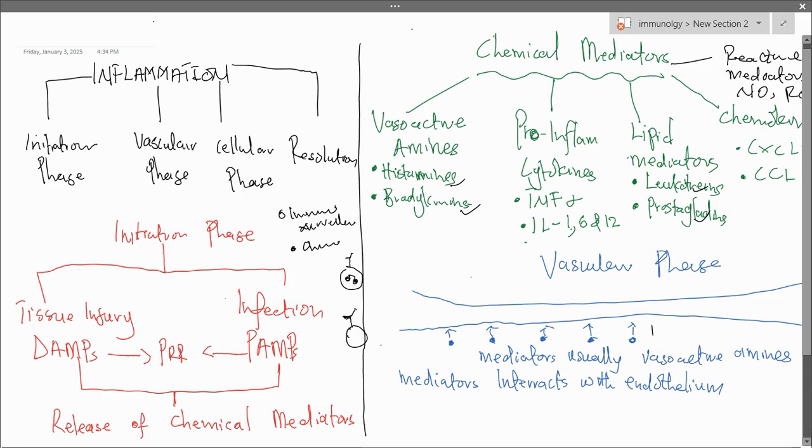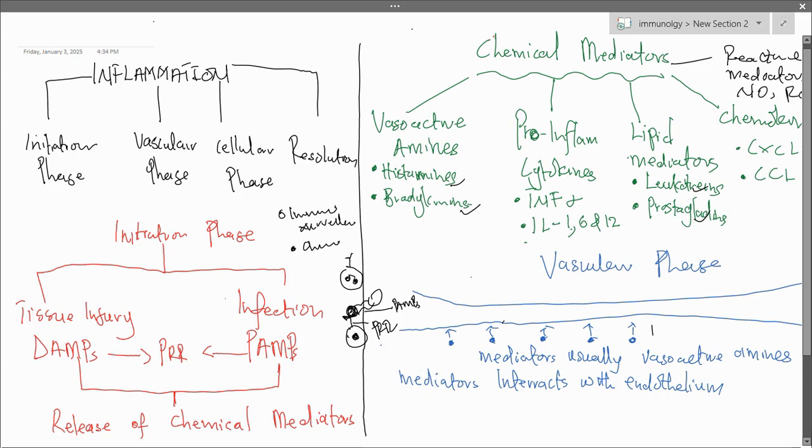So let's consider this to be, let's say, the flagella of a bacteria. When this PRR binds to this PAMP, it triggers a response, and this response leads the white blood cells to release chemical mediators.